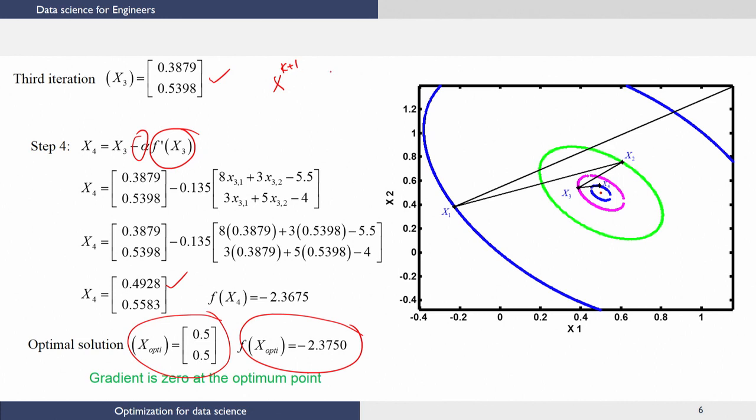Let us say we are at xk and we are finding a new variable xk plus 1. We have also the value of the function at xk and the value of the function at xk plus 1, and we have also got the gradient of the function at xk and the gradient of the function at xk plus 1.